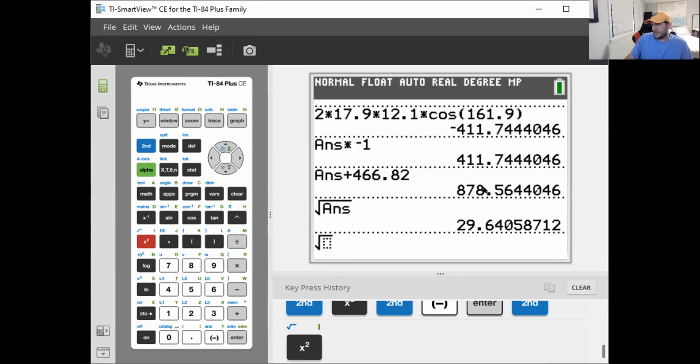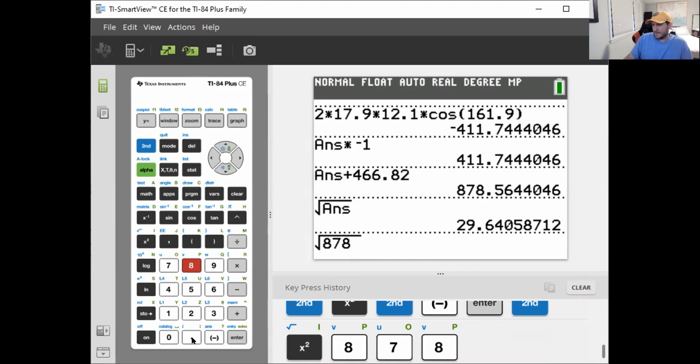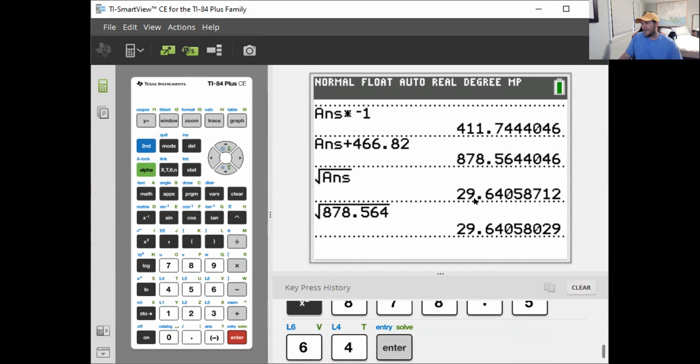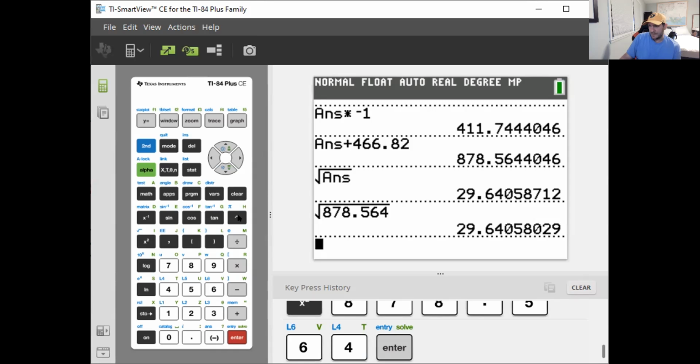So why am I being so adamant that you use the answer thing? Well, what if I tried to take the square root and I just typed in the 878.564? This may come out okay. Actually, yeah, okay. This is not the best example, but there are certainly times when, even if you use 3 decimal places, you get an answer that's significantly off from what you would have gotten if you used all the decimal places. Square roots, I guess, are a little more forgiving, but the big one is inverse trig, okay?